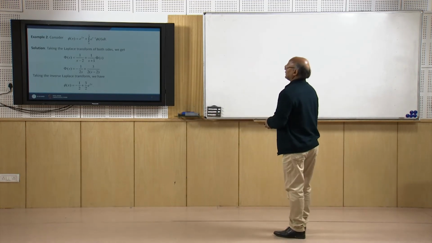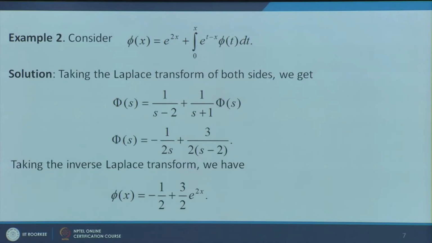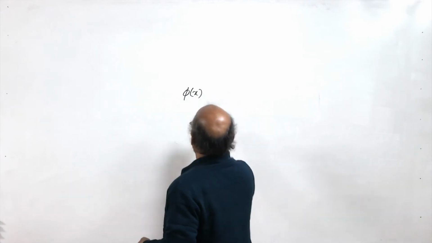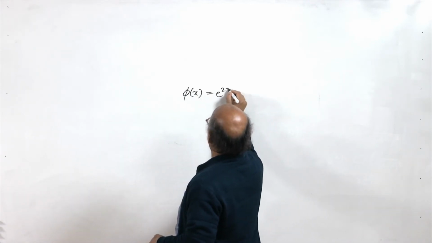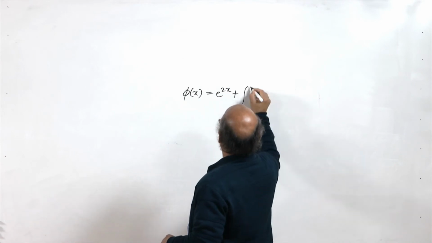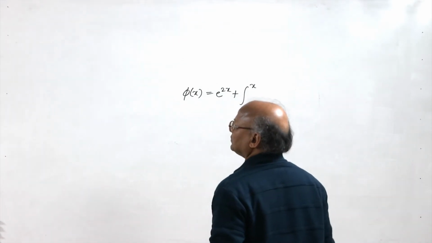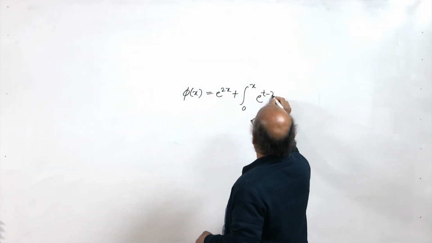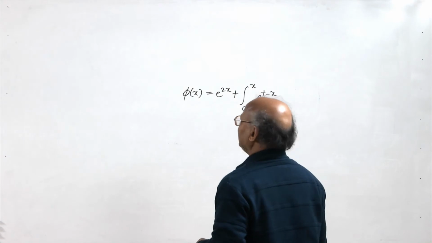Consider the Volterra integral equation of the second kind, phi x equal to e to the power 2x plus integral 0 to x e to the power (t minus x) phi t dt.